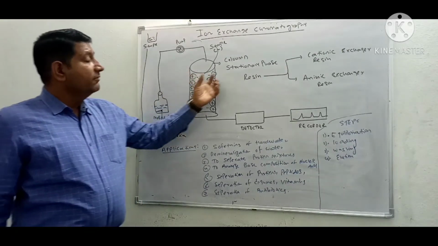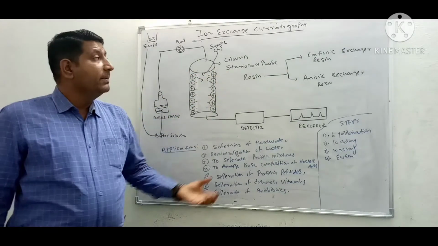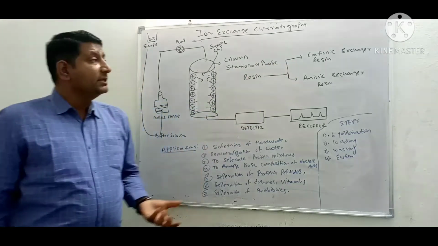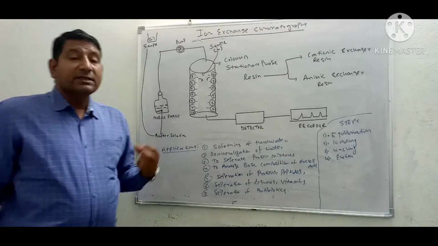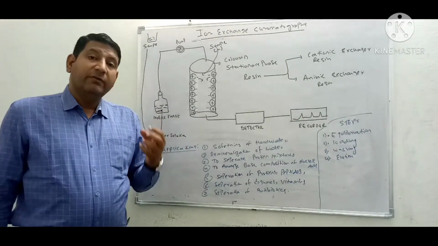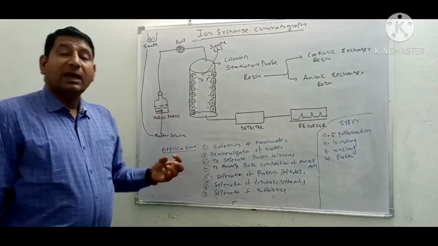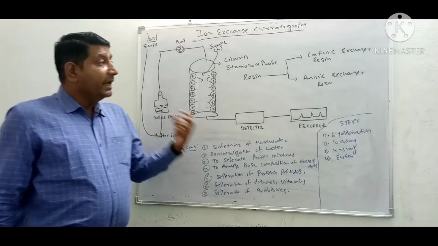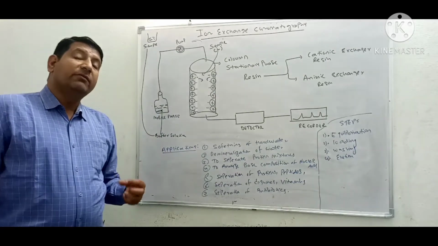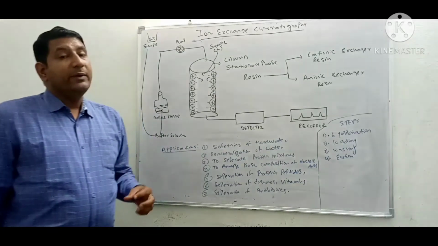This stationary phase or exchange resin is of two types: number one is the cationic exchange resin, number two is the anionic exchange resin. Cationic exchange resins are those in which the counter ions are positive in nature, and anionic exchange resins are those in which the counter ions are negative in nature.